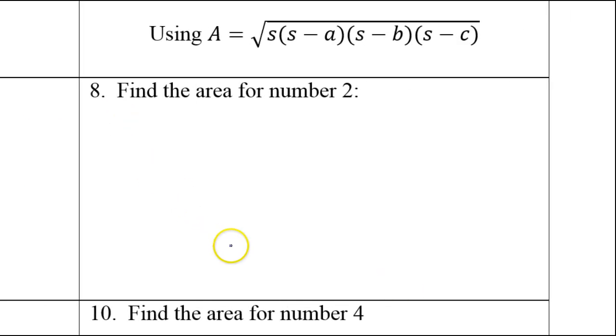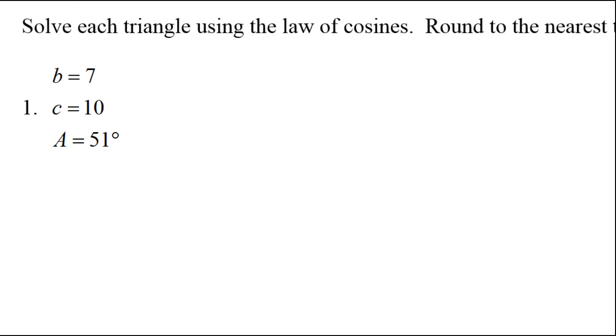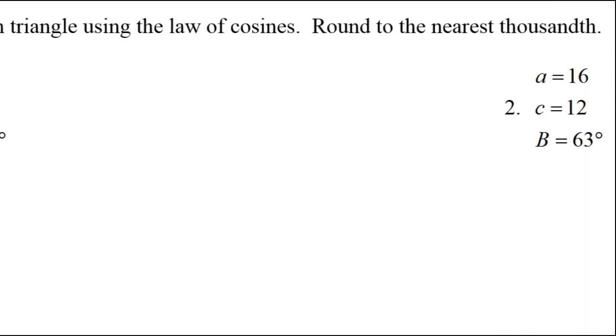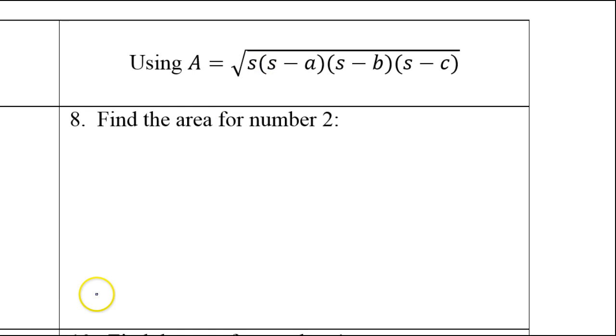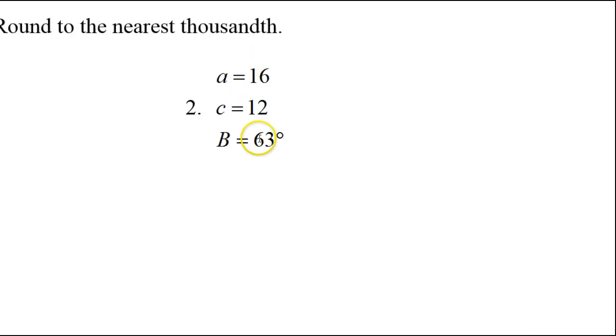Alright, let's go ahead and slide over and take a look at number 8. Now problem number 8 is based off of problem number 2, so I'm going to have to take a look at that. So here's problem number 2. Now we're supposed to use the formula for which we would normally need side side side information. However, we are not given side side side, so what we need to do is use the law of cosines to calculate the other side.